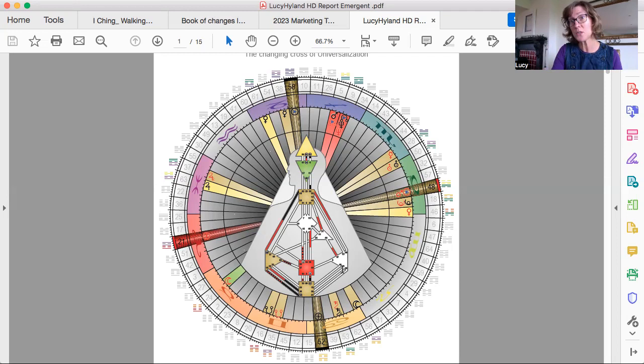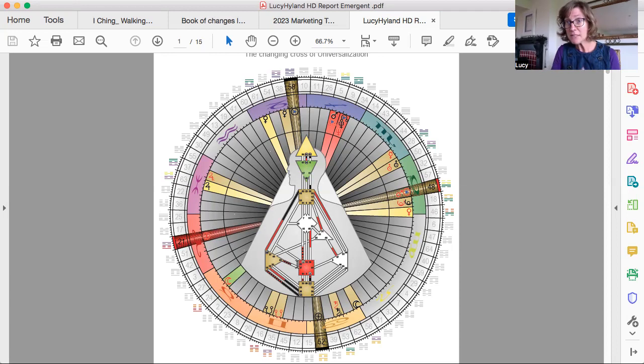For those with an open solar plexus, I have an open, undefined emotional center. So I get to take in other people's emotions around me and filter them so that I can understand and read a room and feel where people are.